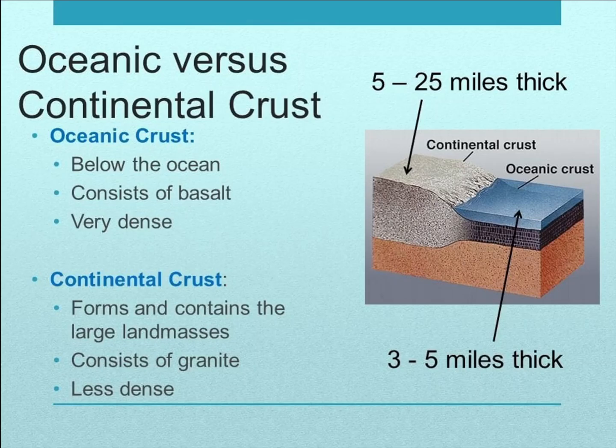Continental crust, on the other hand, again, is found underneath land masses and is composed of granite. Now, this type of granite has a lot of aluminum and silica. Again, the key thing here is that continental crust is less dense than oceanic crust.